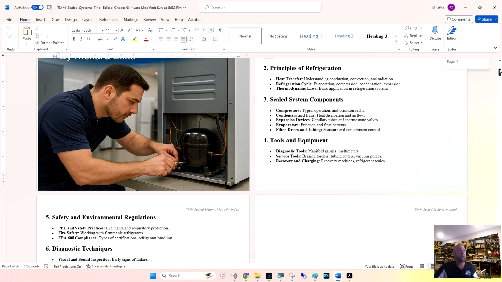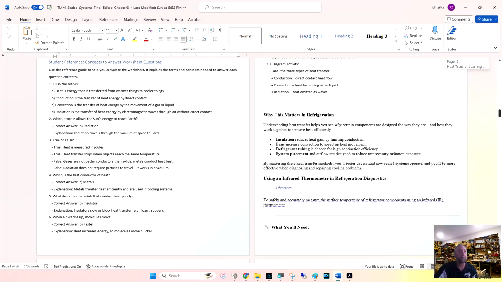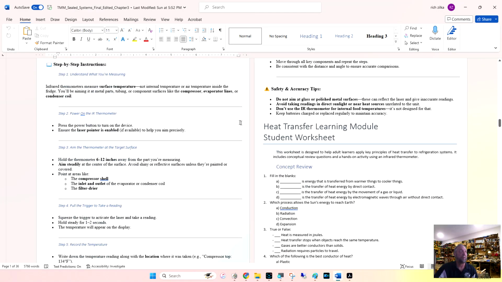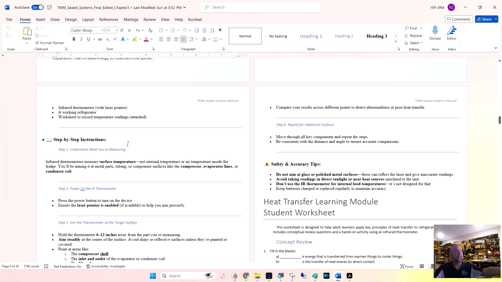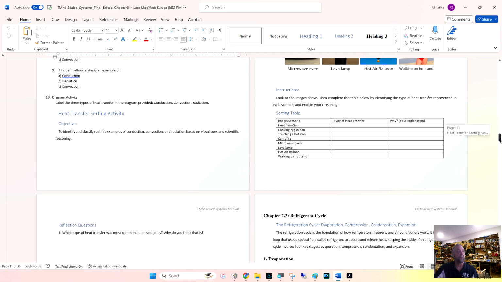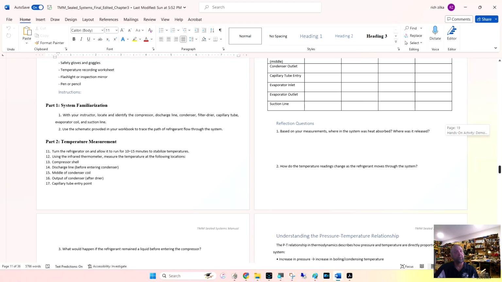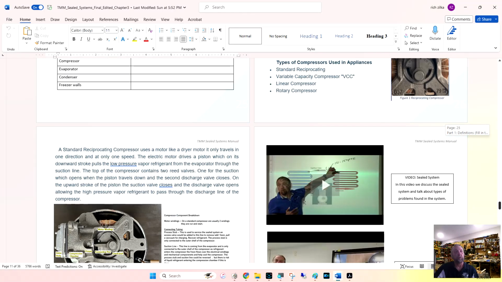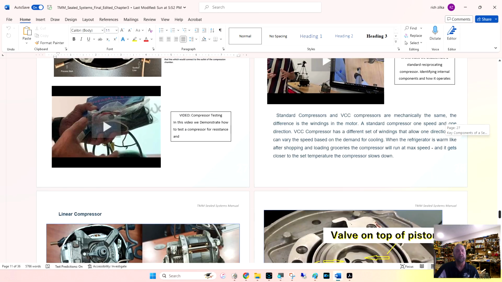I'm completing one chapter every 2 days, and this is going to be a book that all of our paid members are going to get a free copy of. It's going to go over what is heat, what is a compressor, what is a condenser, what are different types of heat, and it's going to go through the whole thing all the way up until we get into actual components, and then I'm embedding my video lectures into these chapters.